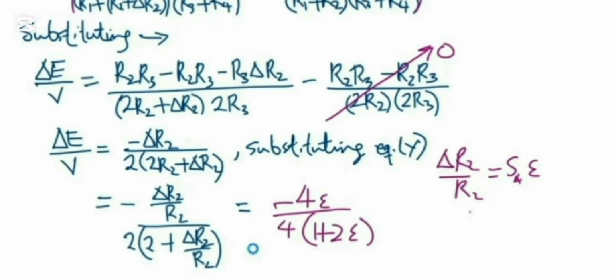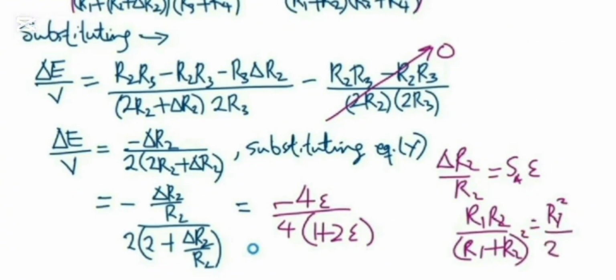But remember also that 1 over 4 is R1 R2 all over R1 plus R2 all squared. When you do it together, R1 is the same thing as R2, and so it's the same thing as R1 squared all over 2 R2 squared.